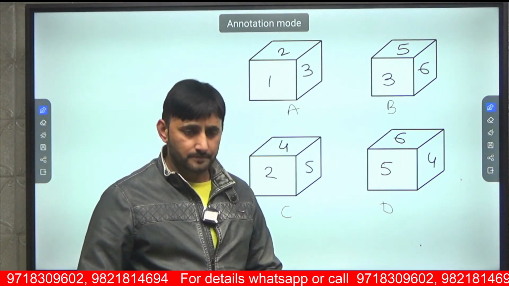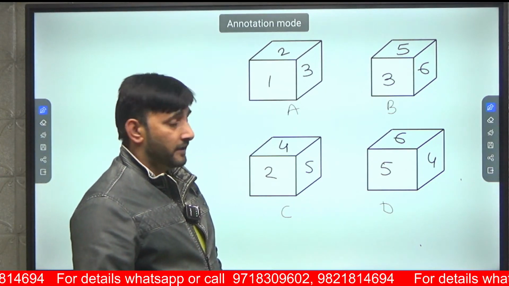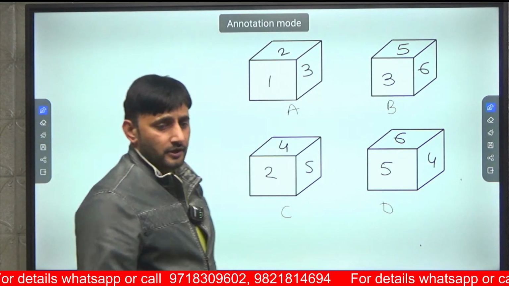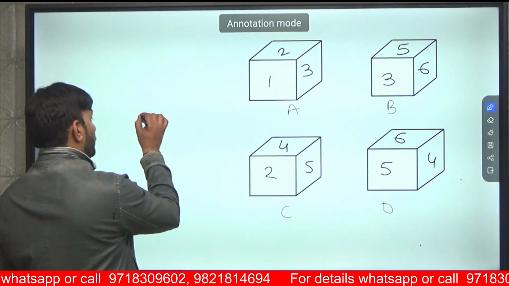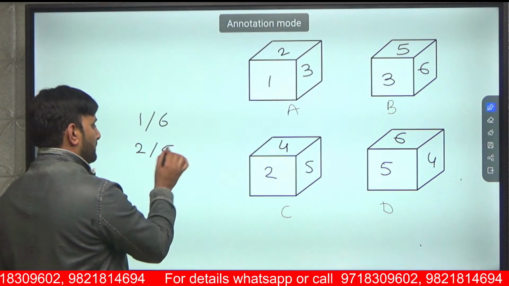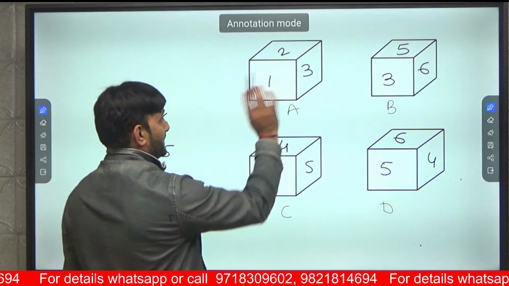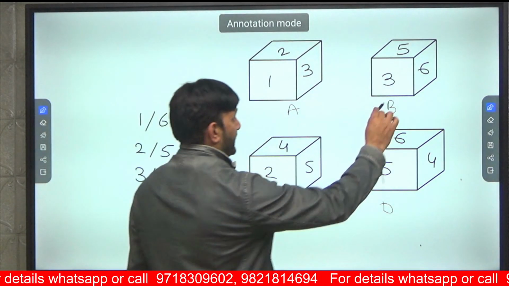Which of these dice cannot be a standard die? I told you that if 1 is visible, 6 will not be visible. If 2 is visible, 5 will not be visible. If 3 is visible, then 4 will not be visible. First die, there is no problem. Second die, there is no problem.